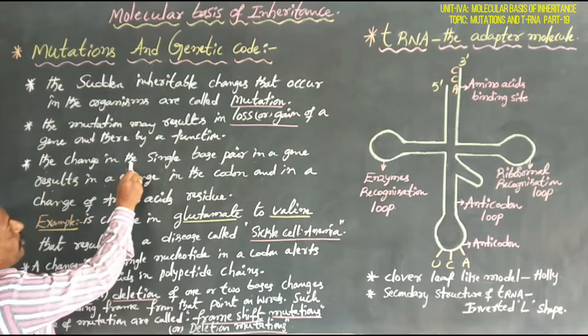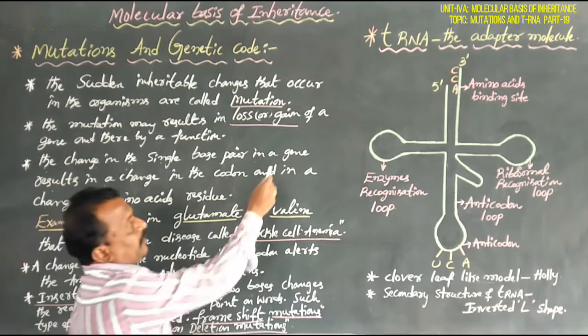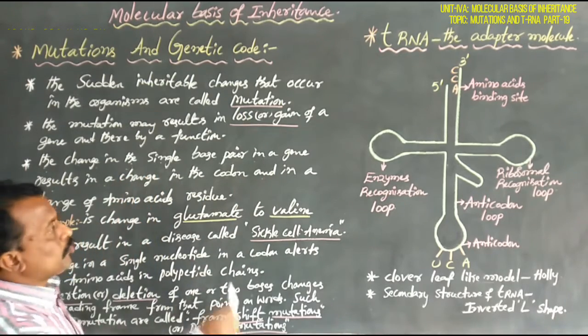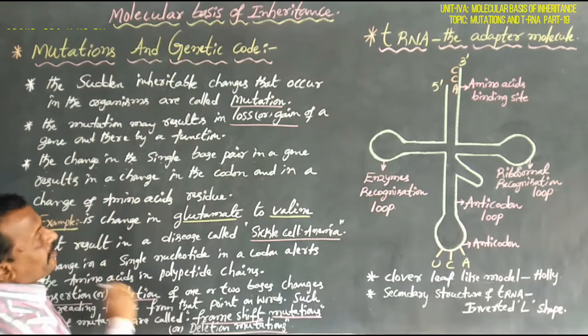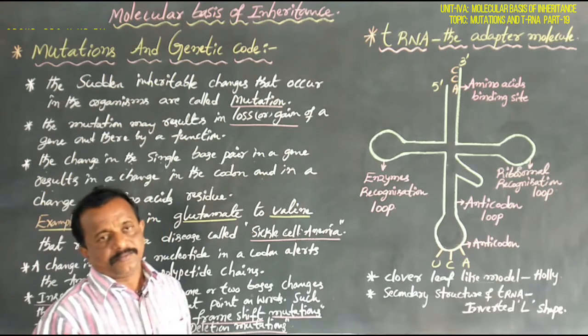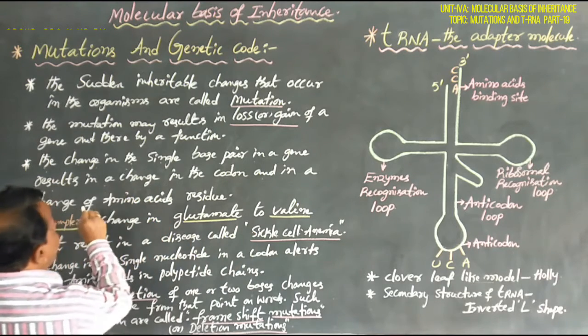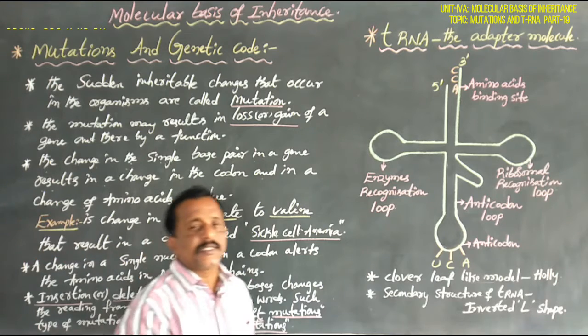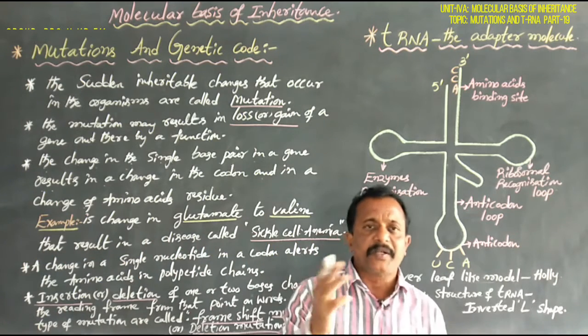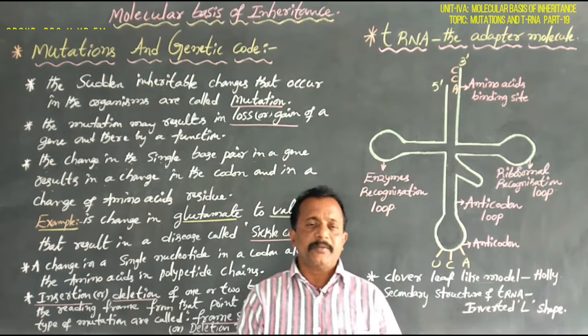So a change in a single base pair in a gene, chromosome or DNA results in a change in the codon and in the amino acid residue; that is one type of point mutation.